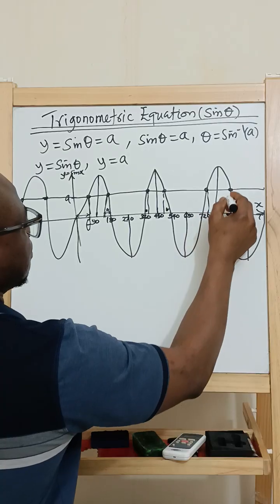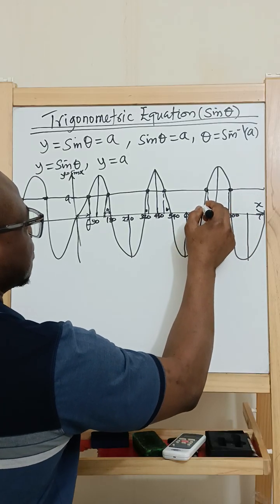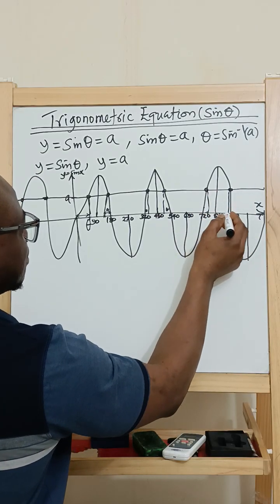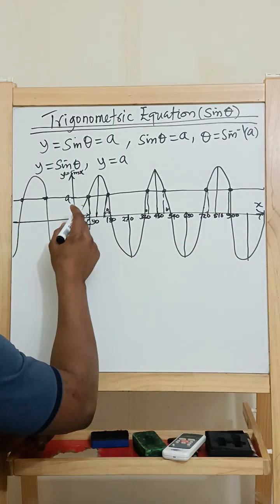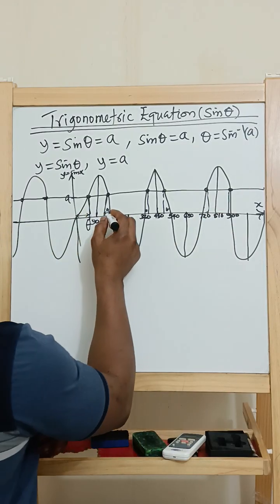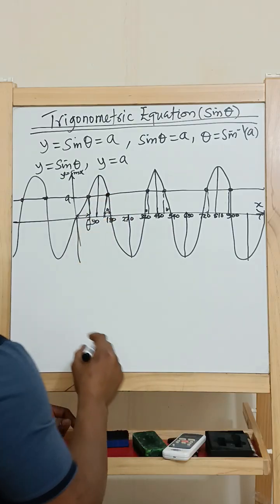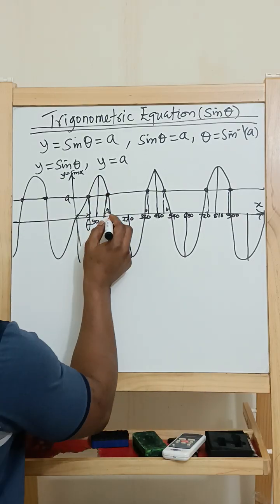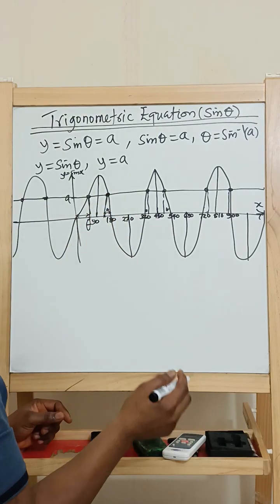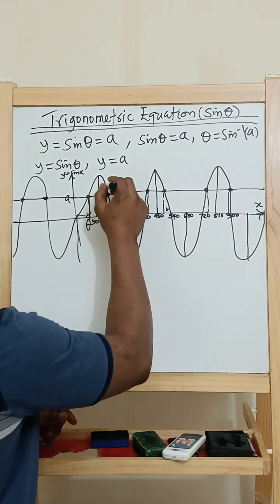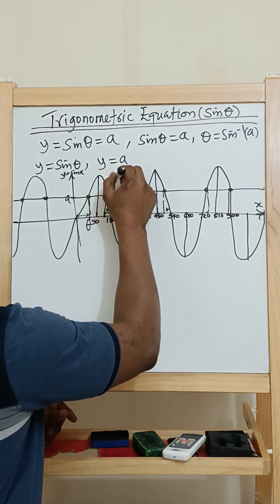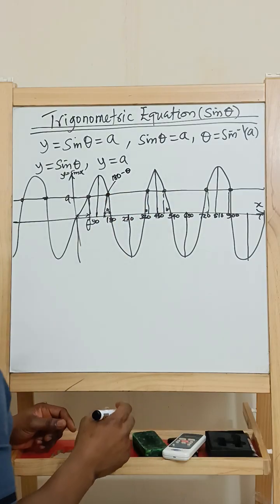So this space from here to here is usually theta. So if you want to determine what this point is, it's going to be 180 minus theta.